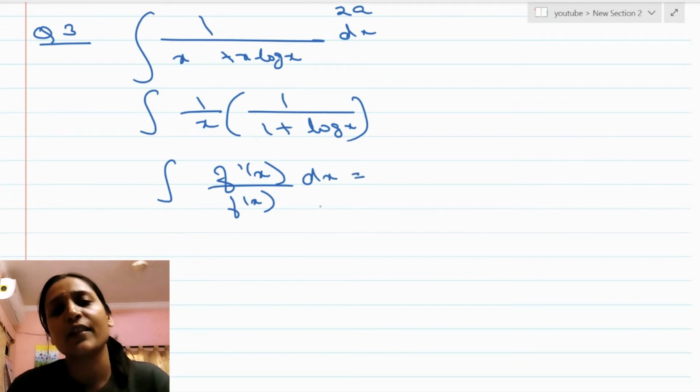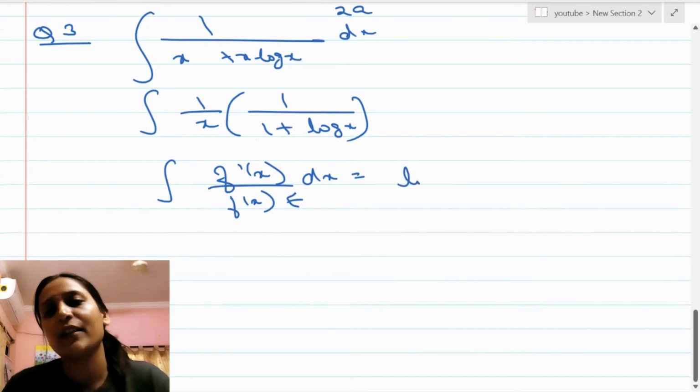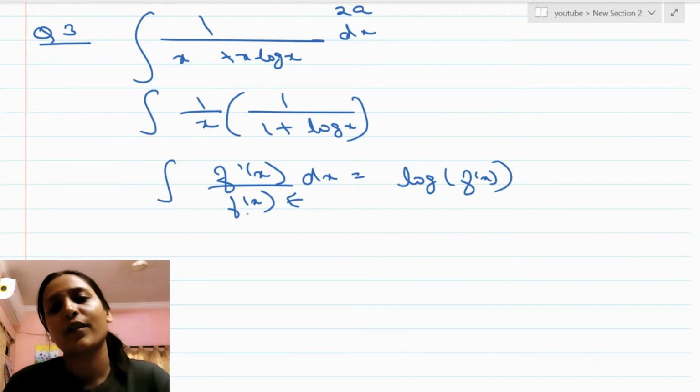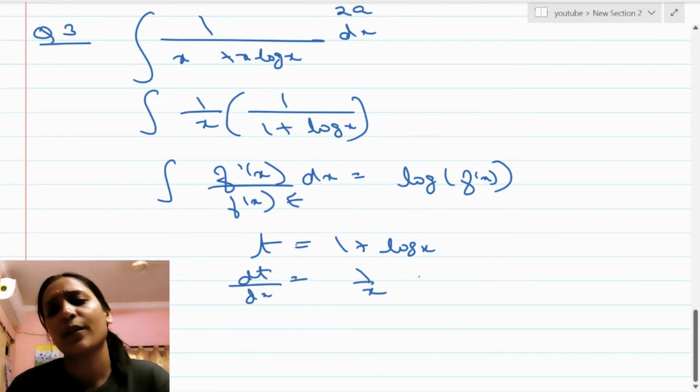Typically for integrals of such things, we would substitute the denominator, and the integral value would typically be log f of x. So let's figure out if we can do the same over here. In this, f of x is 1 plus log x. So your t value will be 1 plus log x, and dt by dx is going to be equal to 1 by x.